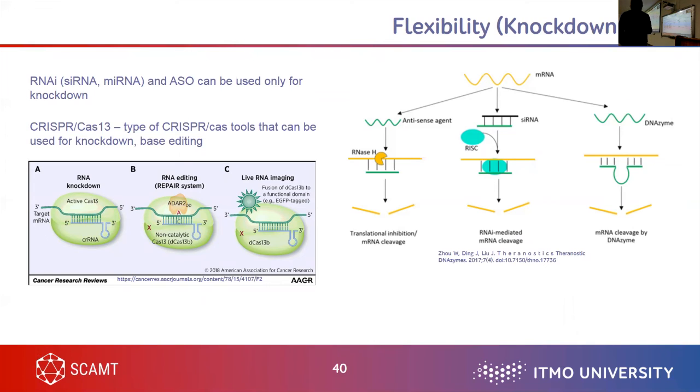So we can modify our target mRNA with new nucleotides, or we can use CRISPR-Cas13 for detection of mRNA. CRISPR-Cas can be modified with a fluorescent protein that will give light when CRISPR-Cas detects our target mRNA. For example, this modification can help us to track how RNA is traveling inside the cell.